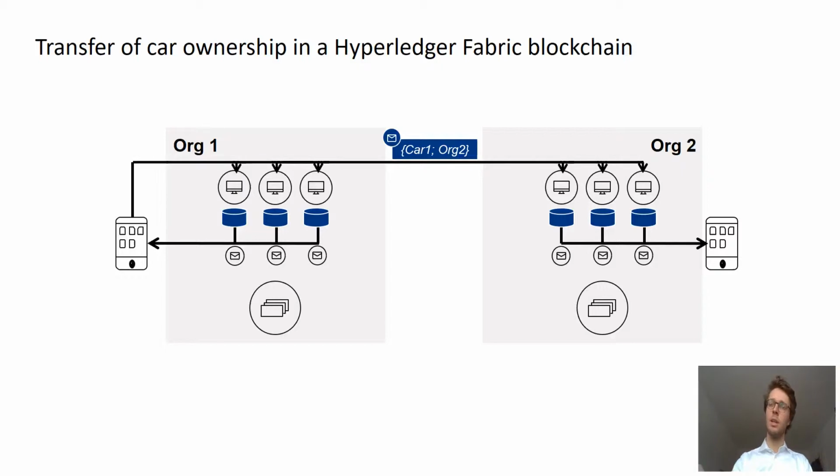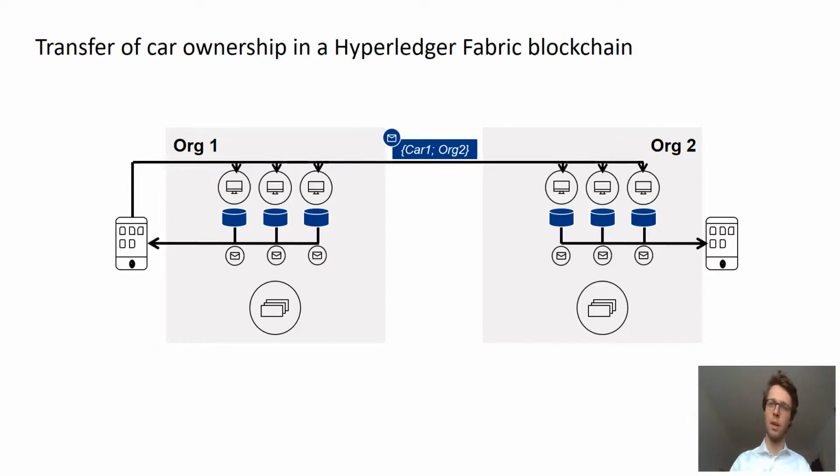And this simulation is passed back to the web application. The application then collects all the simulations and all the cryptographic material that each peer adds to the simulation. So each peer adds its signature to the simulation and sends it to the web app.